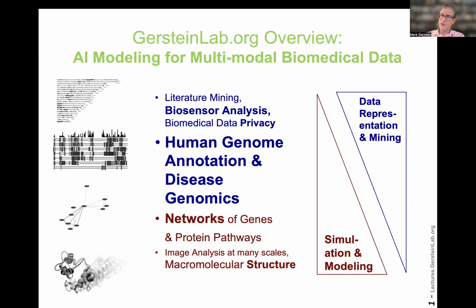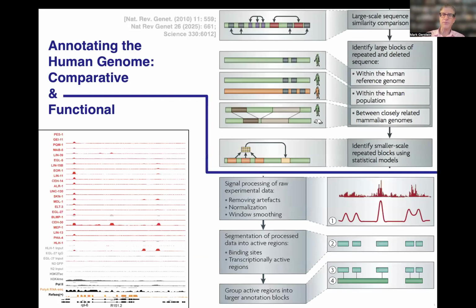So we're doing a range of different calculations, and loosely we can think of the first types of things. We're focusing more on data representation issues, data mining issues, and so forth. And the second range of things, we're looking more at elaborate simulation and modeling calculations. So I'm going to go into each of the areas in some detail.